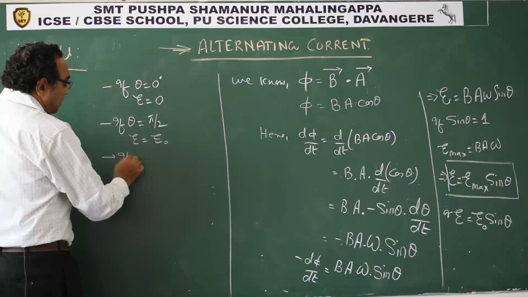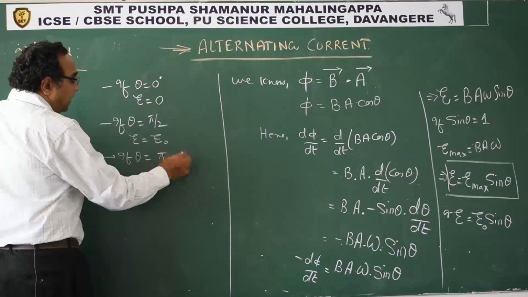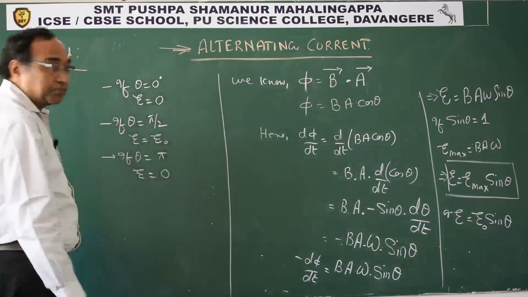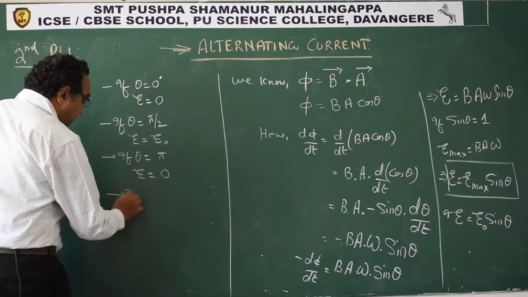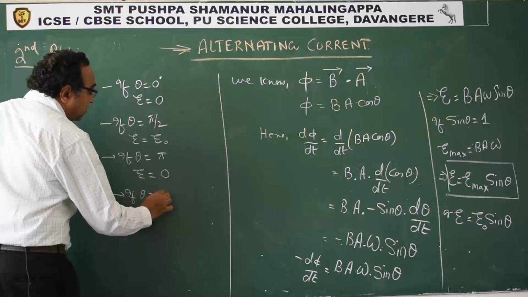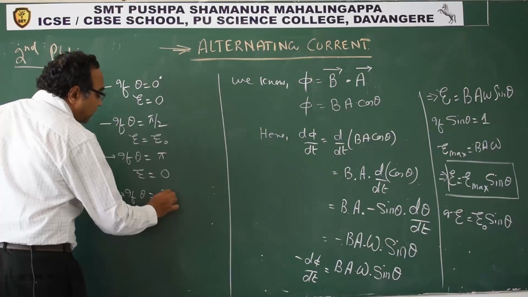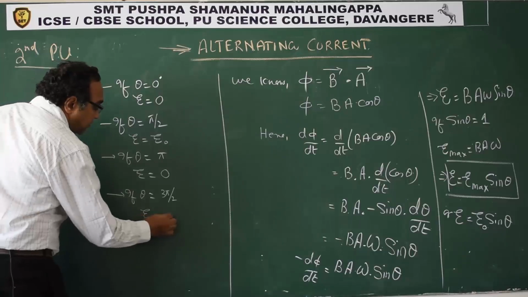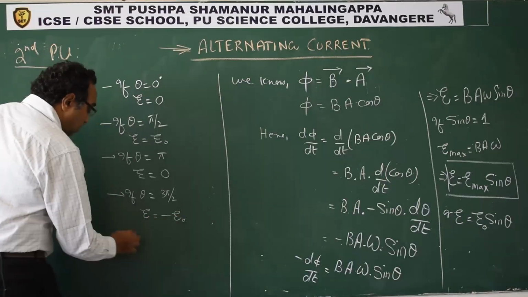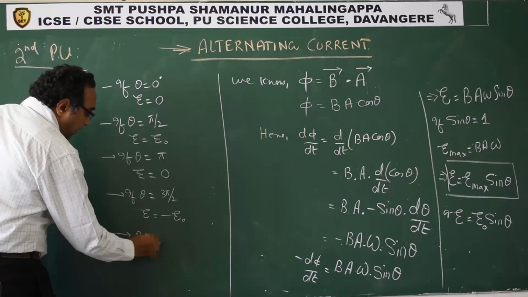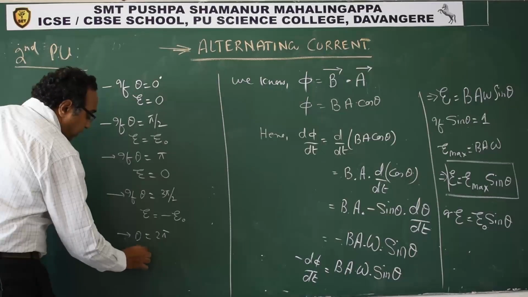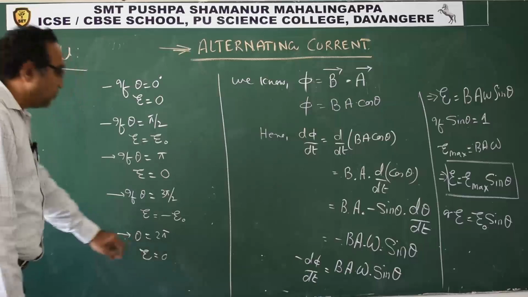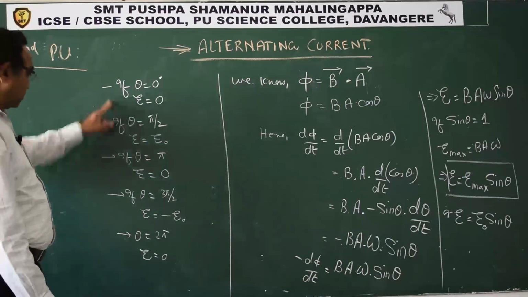If theta is 180 degrees, how much is E? Again it is 0. If theta is 270 degree, so that is 3 pi by 2, how much is E? Minus of E naught. Finally, if theta is 360 degree, how much is E? This is 0.